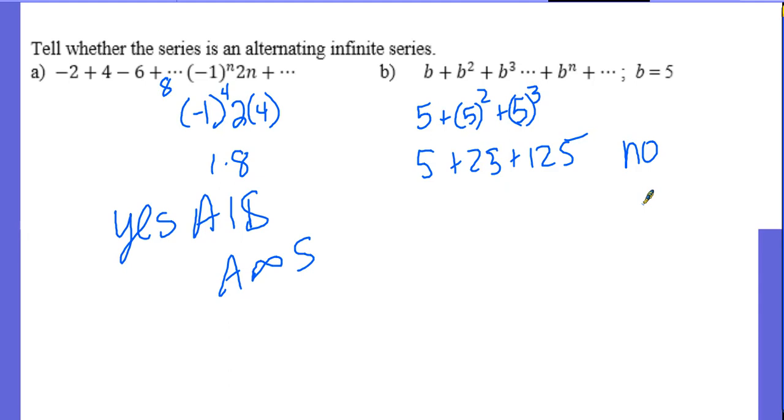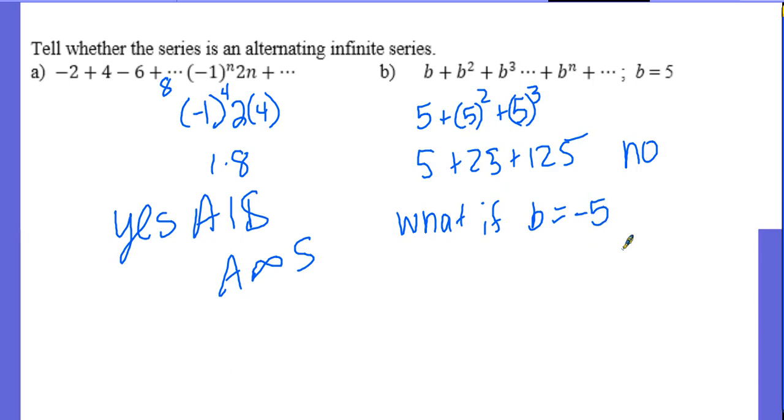But I do want to caution you. Listen, just because in the first one we could see with our eyes alternating signs, and then the second one it was addition, addition, addition, addition, you can't assume that if it's always going to be addition, that it's not an alternating infinite series. Let's change the question. What if b equaled negative 5?